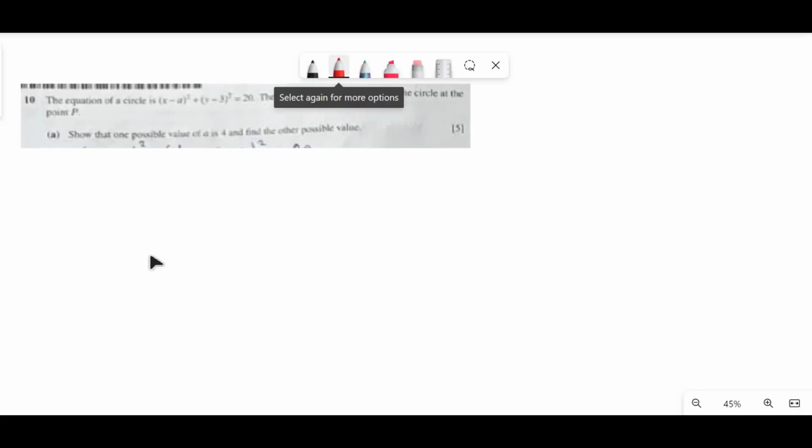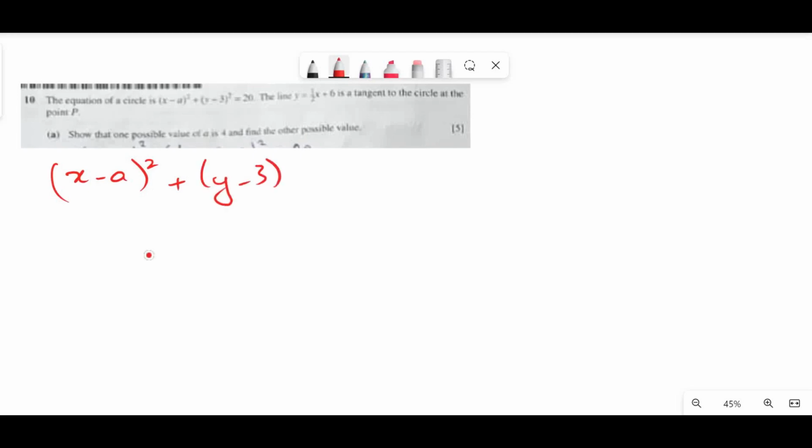Now question number 10: the equation of a circle is, let me write it over here, x minus a whole square plus y minus 3 whole square is equal to 20. And the equation of the line is y equals 1 by 2x plus 6.